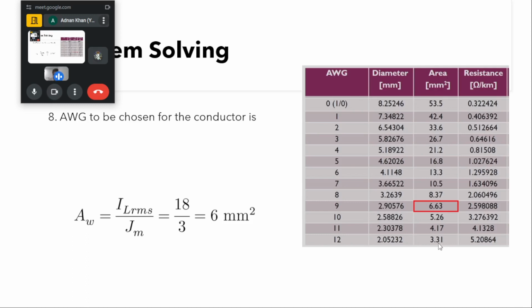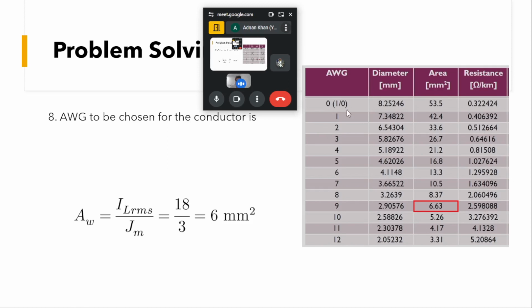AWG 12 will have an area of 3.31, similarly 11 will have 4.17, 10 will have 5.28, and so on. But our requirement is 6. If we take AWG 9, we have an area of 6.63, so this will meet our requirements. Any AWG of 9 and below will suffice our requirements.